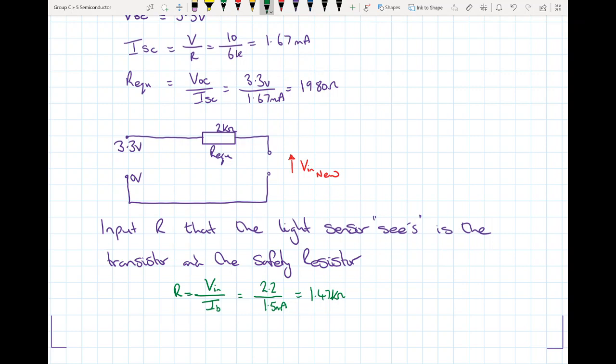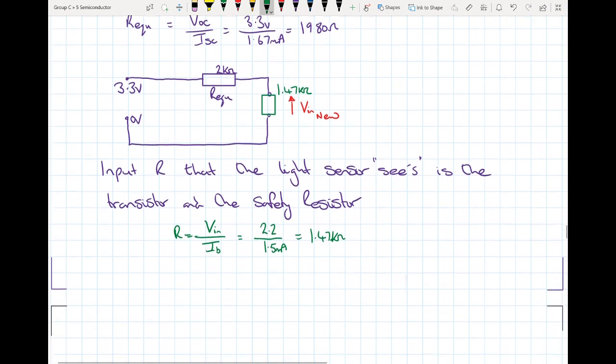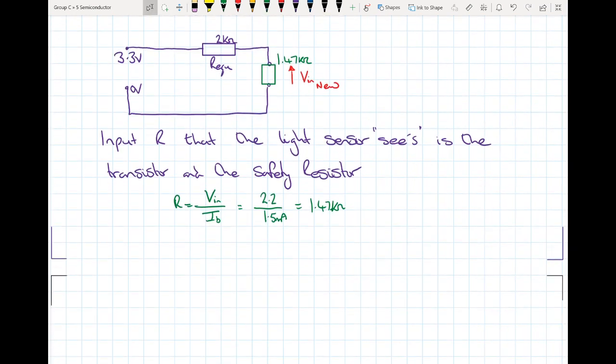So we can now put that into our circuit here. So we've got 1.47 kilo ohms is our resistance, which means we've now got a nice little potential divider, so we can calculate what the new Vin is going to be.